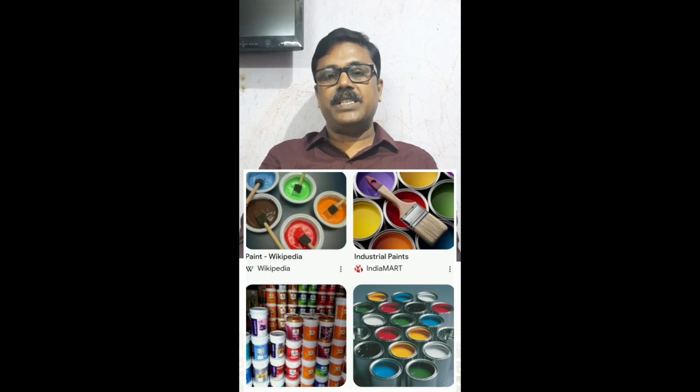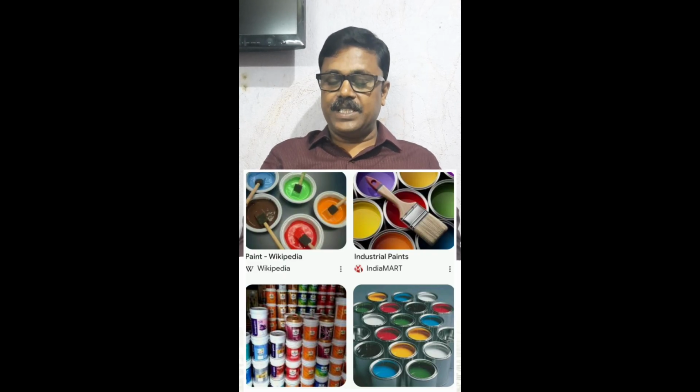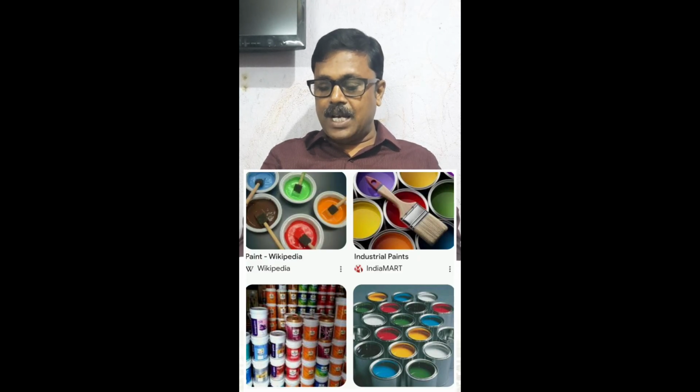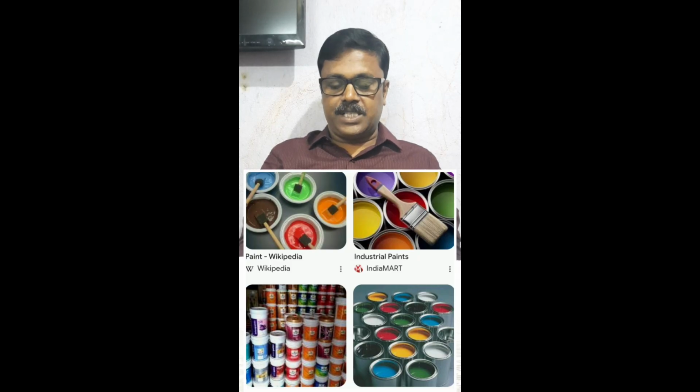There are different types of gloss for the paints, that is high gloss, gloss, matte, satin finish, etc. It depends on the reflection of the light on the film of the paint, and also the substrate.